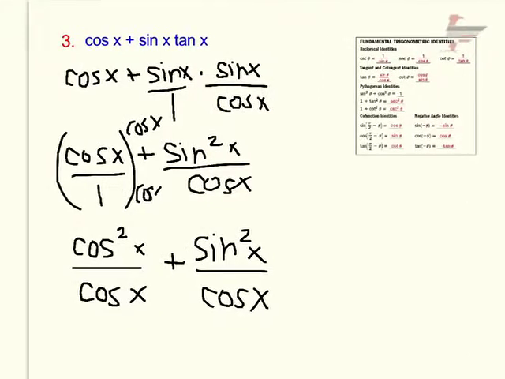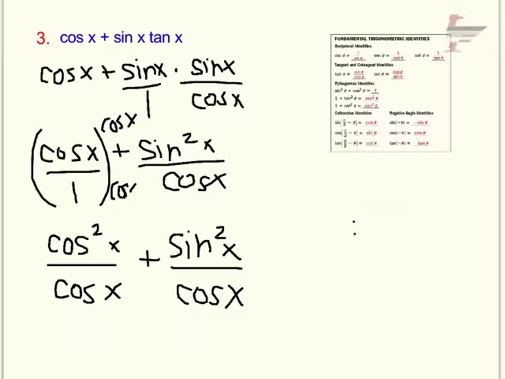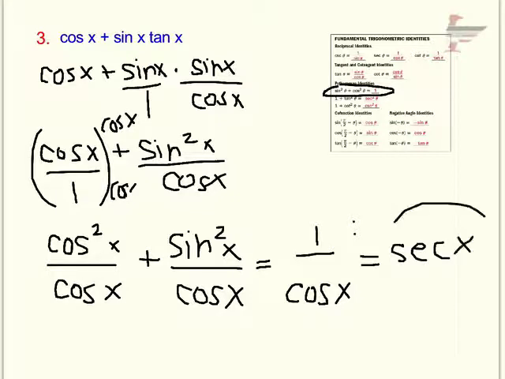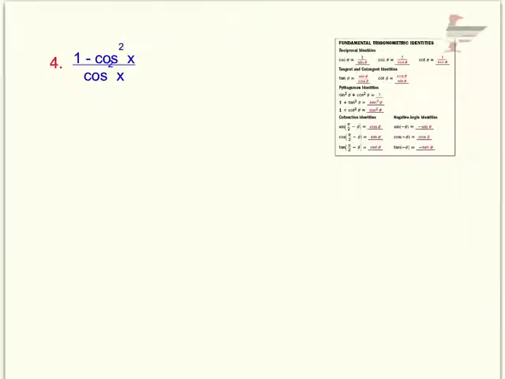Then you have a common denominator. So cosine squared plus sine squared, Pythagorean identity. By the way, you're going to use that one a lot. Cosine squared plus sine squared is just 1, so that's 1 over cosine x. And again, because I have a common denominator, I can add these together, which just equals 1. My common denominator stays my common denominator. And of course, you know 1 divided by cosine x equals secant x.